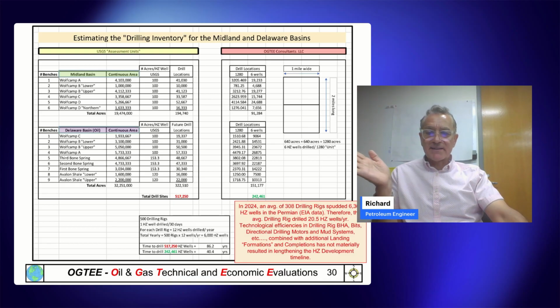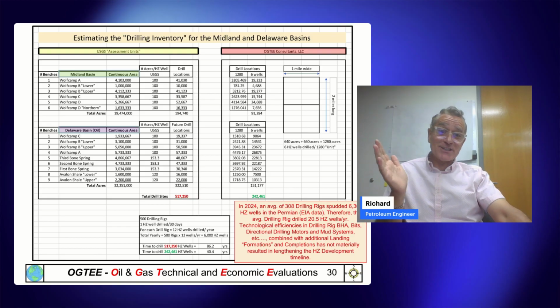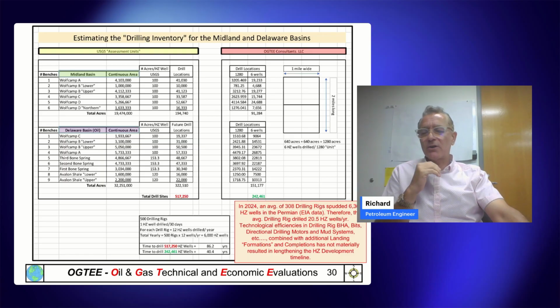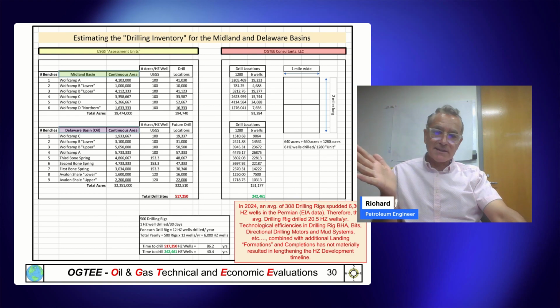If each rig at that time was drilling 1 wellbore in 30 days, which was admittedly the average at the time, we've substantially gone beyond that. But given the resources identified by the USGS, the spacing they had in place, and the methodology I put in place, which was for all intents and purposes 2-mile horizontals, we're looking at a time frame of somewhere between 80 and 40 years to develop it.